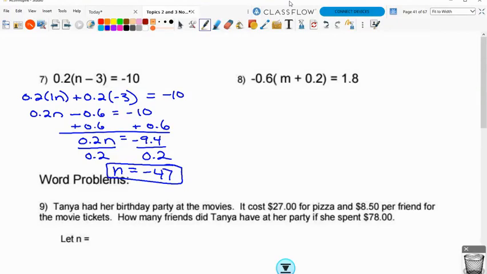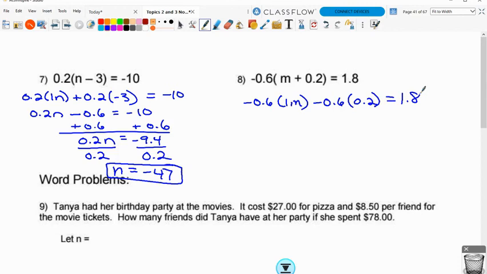In example number 8, we again have the decimal -6/10 multiplying the parentheses m plus 2/10, and the answer is 1 8/10. So very similar to the last example, we're going to have to distribute in order to make our two-step equation. So we're going to start by doing -6/10 times 1m plus -6/10 times the 2/10, and the answer again is 1 8/10.